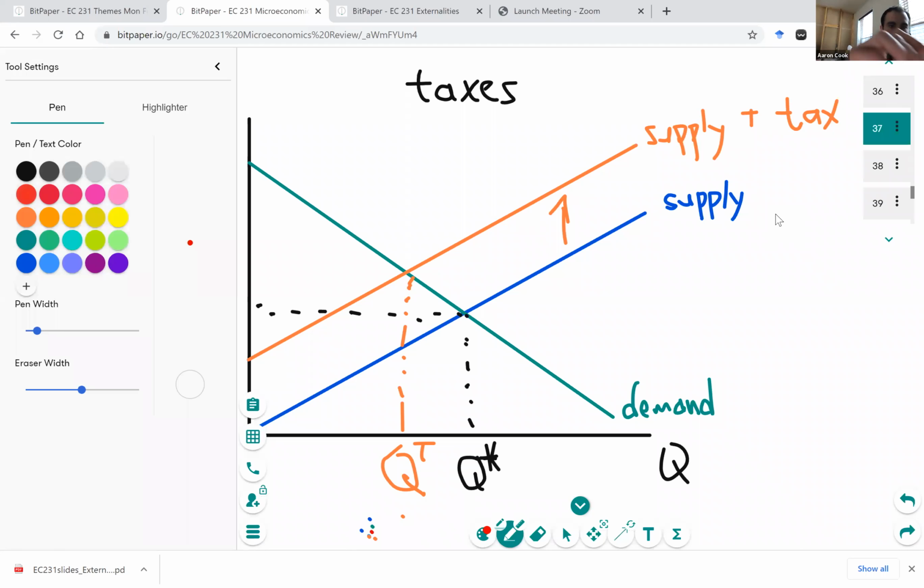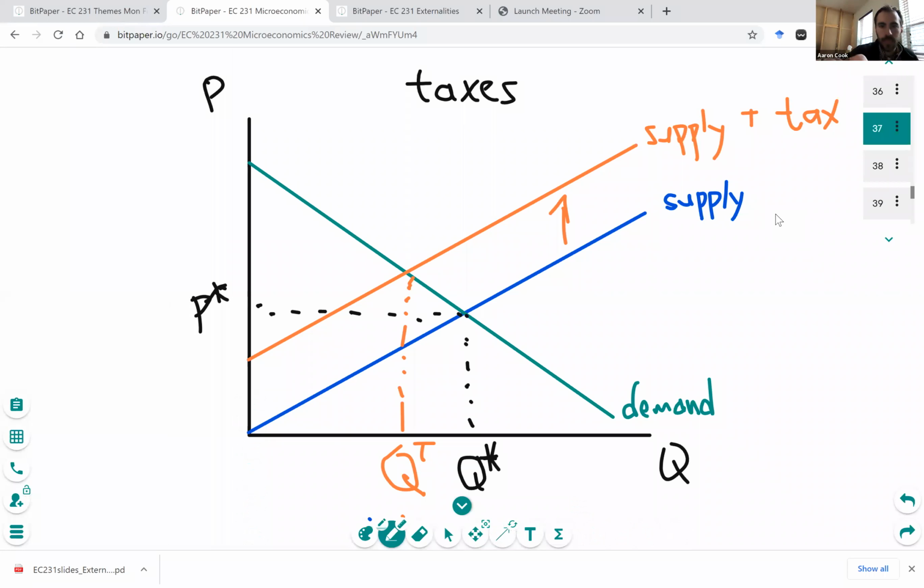Consumers are going to be paying the new equilibrium price in this market. If you consider the intersection between the supply with tax and the demand curve, that new equilibrium price is going to be this new price P.